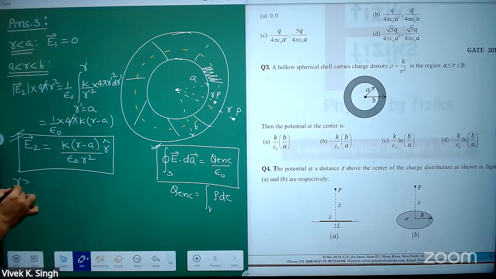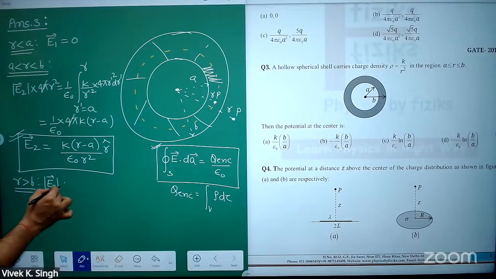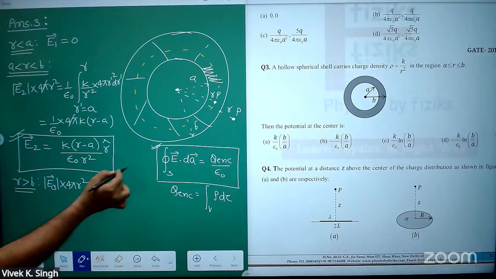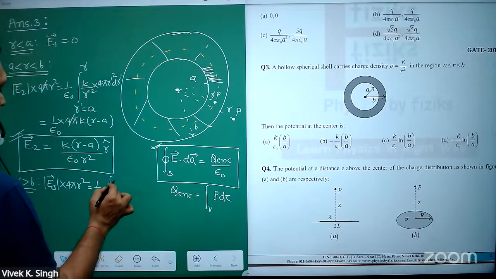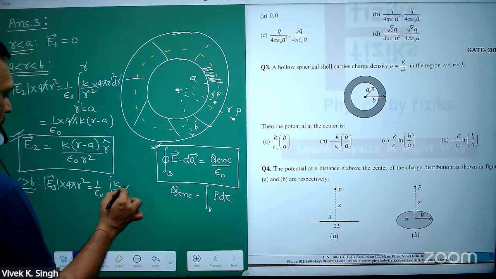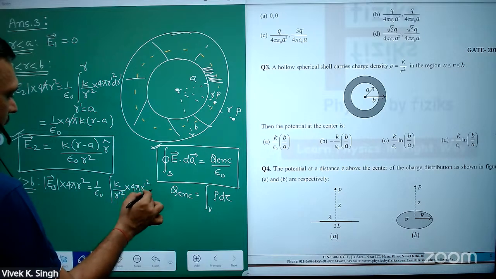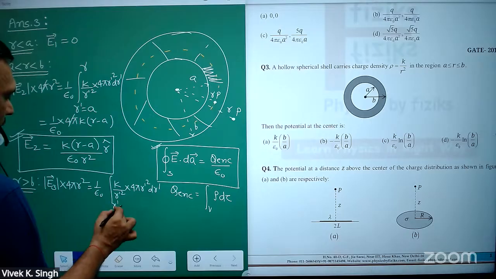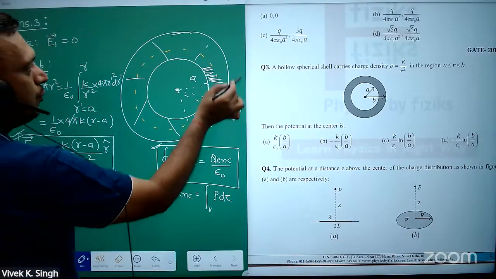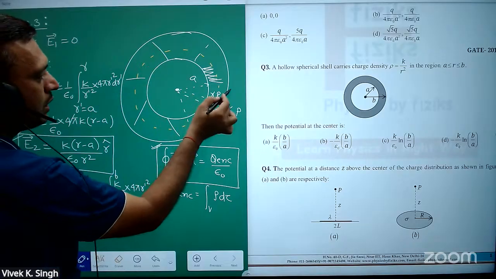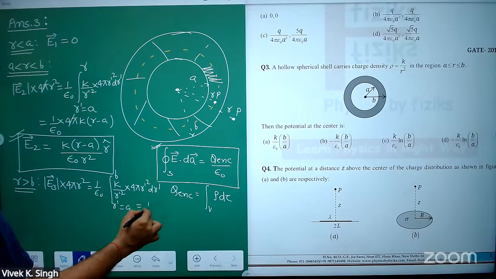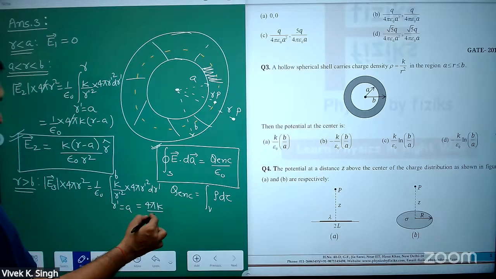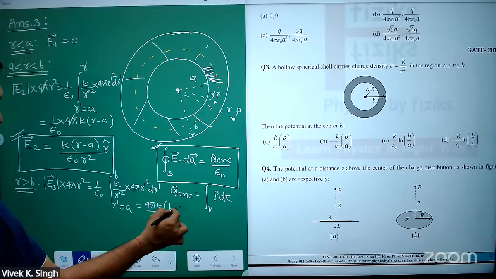So for r greater than B, we can write mod E3 into 4 pi r square. I'm applying Gauss law for region 3, 1 by epsilon naught, and this is k by r dash square, 4 pi r dash square dr dash, and the limit of r dash will be from A to B, because if you are considering a Gaussian surface for an outside point, the total charge will be in the region A to B. So this will give you 4 pi k by epsilon naught times (B minus A).